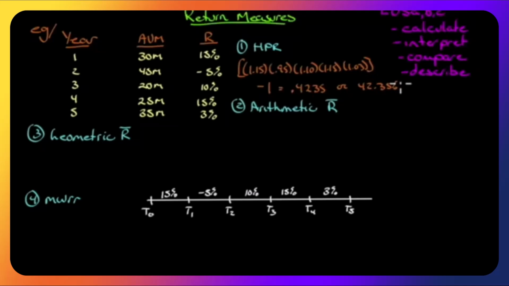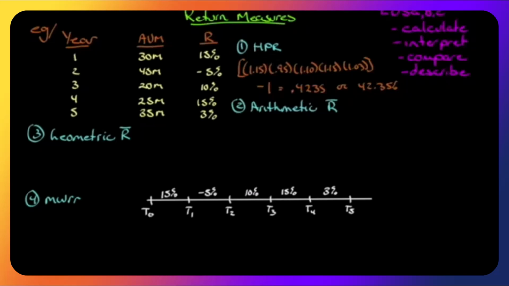So we can say that over that period of time, I earned 42.35%. But that's a 5-year return. That's not an annual return by any means. That's just over your whole holding period. That's what HPR is, just a holding period return.